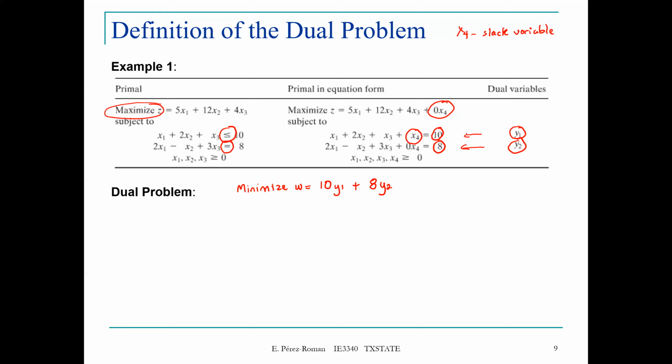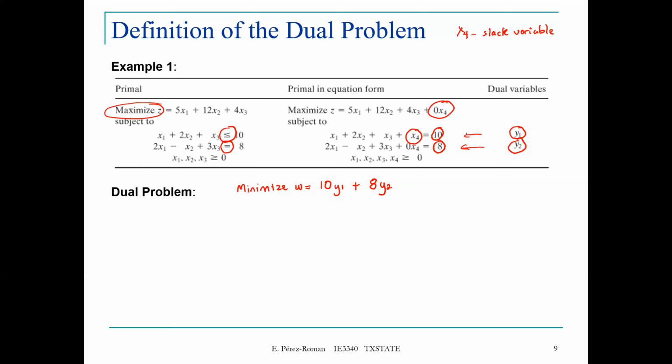So we define a dual variable for each one of the constraints, and then we use the right-hand side of each constraint to define the objective function. We multiply the right-hand side times the dual variable associated with that constraint. So for the first constraint, 10 times y1. For the second constraint, 8 times y2. So that's the objective function.